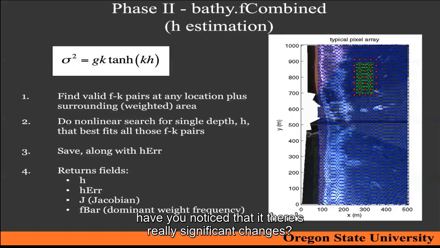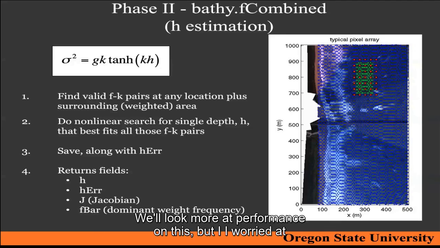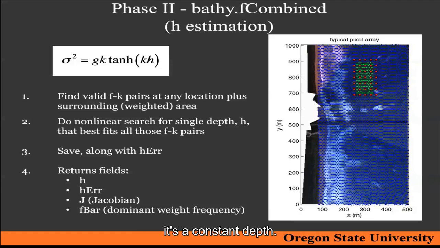Have you noticed that there are really significant changes? It actually handles sandbars pretty well. We'll look more at performance on this, but I worried at first that we were trying to do mapping over a tile, assuming it's a constant depth. Yeah. And there should be a little correction on this end and a little correction on the other side.